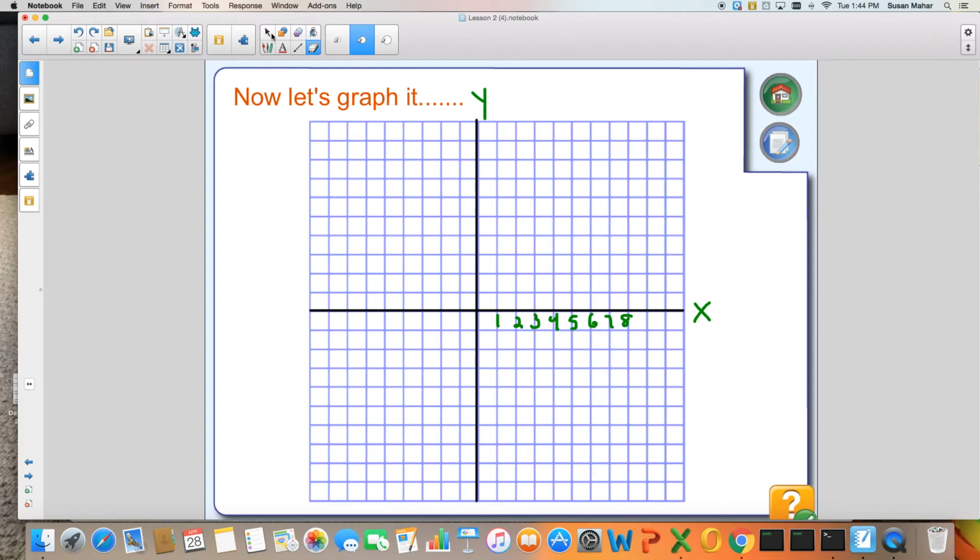And this time, I'm going to do my squiggle, but instead I'm going to start at 15. And I'm going to go up by threes. So I'm going to go 18. And I'm going to go 21. And I'm going to go 24. And I'm going to go 27.